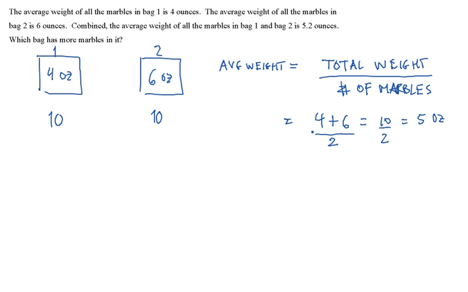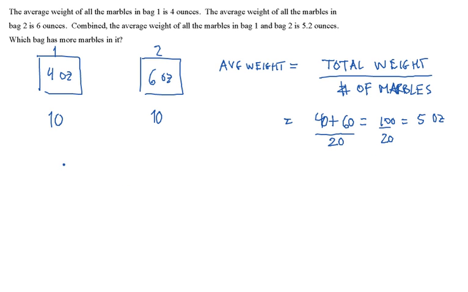The total weight of bag 1 would be 40, because that's the average weight of 4 ounces for 10 marbles gives you a total of 40 ounces, plus 60, because if there's an average of 6 ounces for 10 marbles, it means the total weight for those 10 marbles is 60 ounces. And the total number of marbles would be 20, so it would be 100 divided by 20, or still 5 ounces. As you can see, the average weight is still 5 ounces.